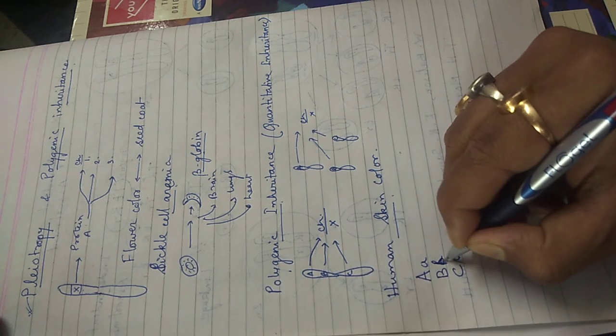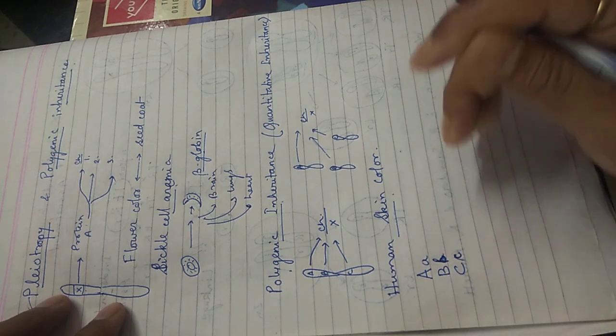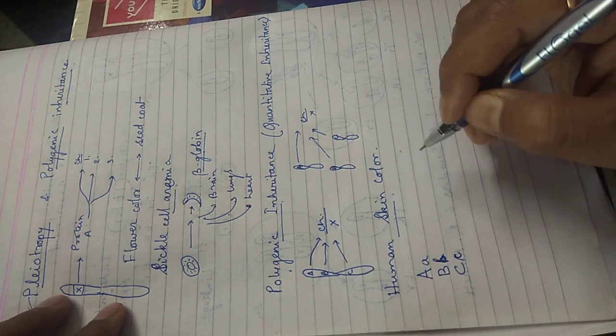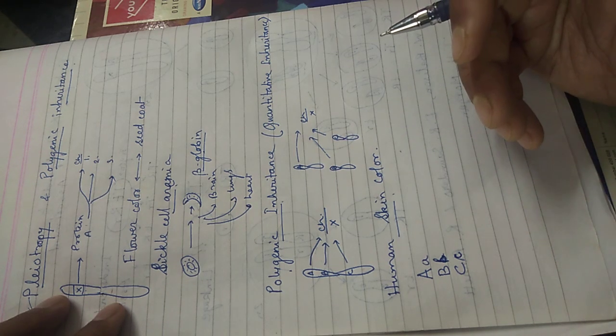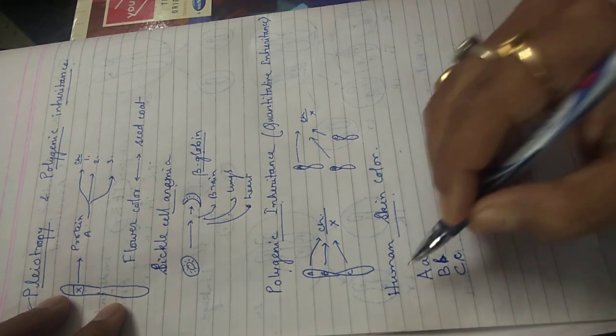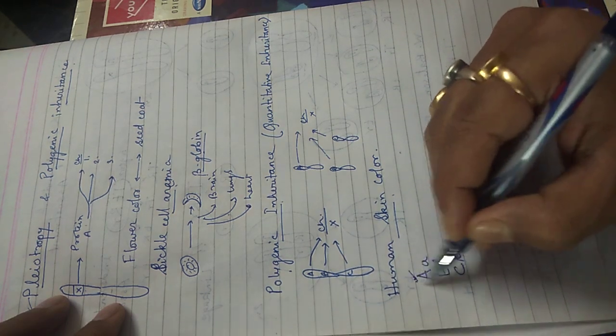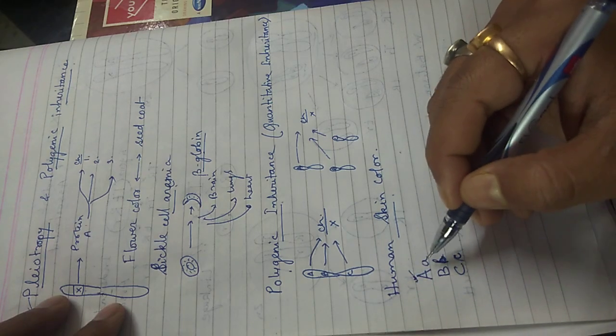Now it has been found that the skin color which will arise in a human being depends on the amount of a pigment called melanin. The more melanin, the darker the shade of the skin, and that melanin is produced by the dominant genes.